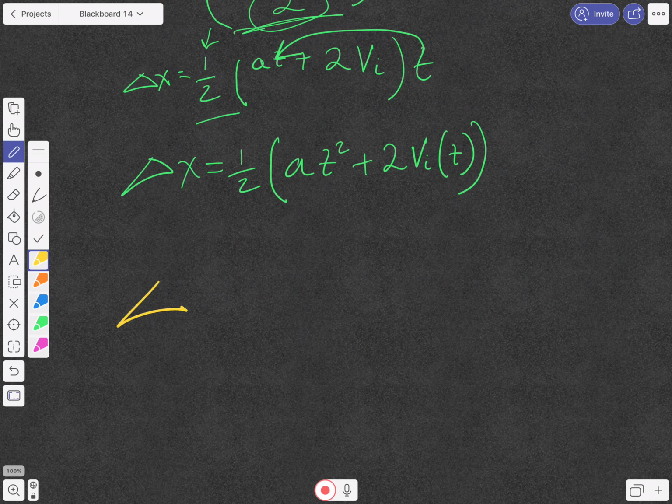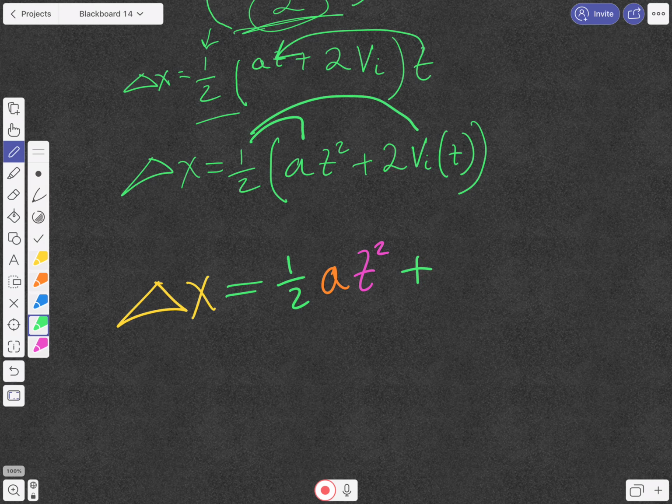Delta x is equal to, and I'm distributing this out, so we still have 1/2 acceleration times t squared plus, and we're distributing this out to both of them, and 1/2 times 2, those will just cancel each other out, and we are left with velocity initial times time.